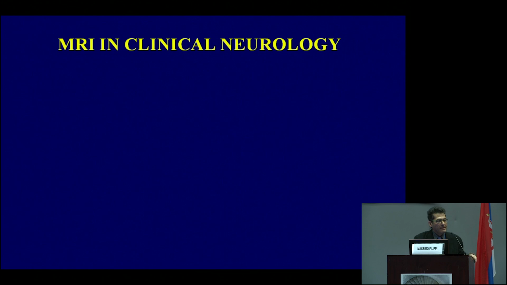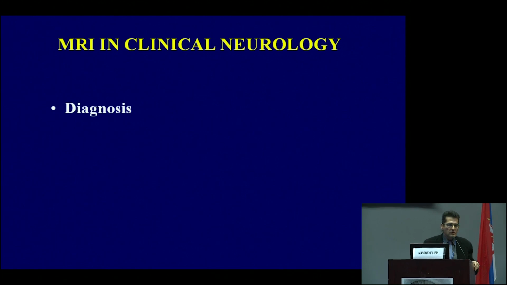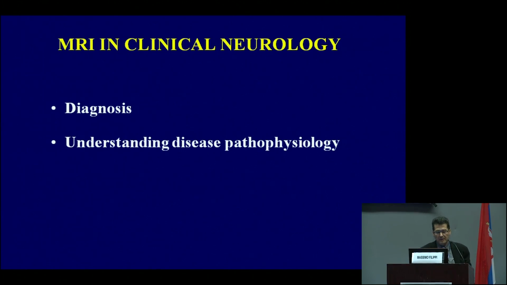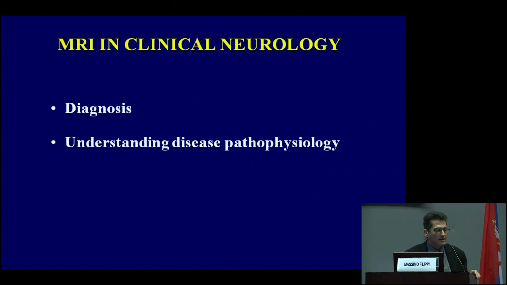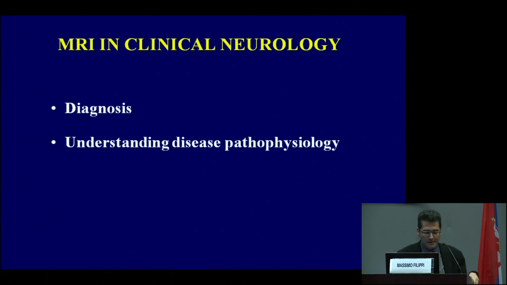So moving on to my part now, from Serbia to Italy. I will talk about the use of MR in clinical neurology in terms of diagnosis, the first part, and in terms of understanding disease pathophysiology in the second part. Of course, I can't review for you all the possible applications of MR techniques in these two fields in 45 minutes. I have to be very strict to 45 minutes because the organizing committee was very strict to me.